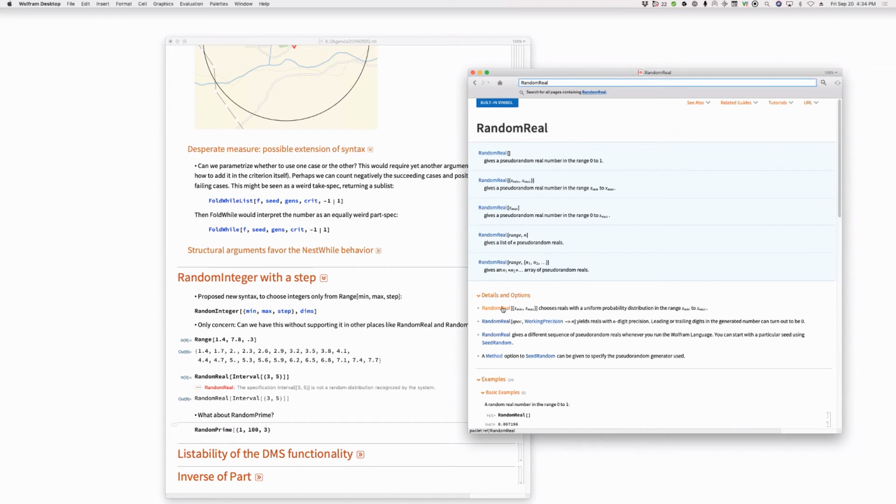Does it just pick a number and see if it's prime? I think for large ranges, yes. And for small ranges, it probably picks a number in a certain way and then calls prime on that. And my vague recollection is that it was implemented in such a way as to get the distribution roughly uniform.